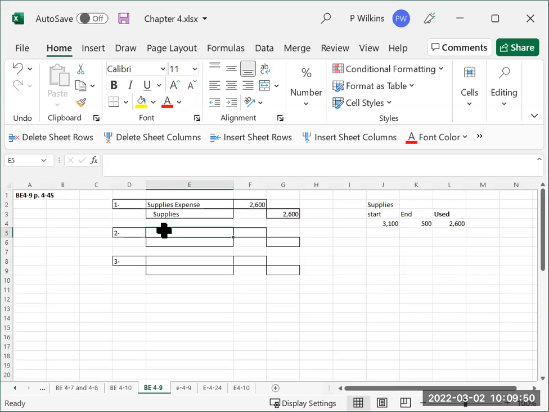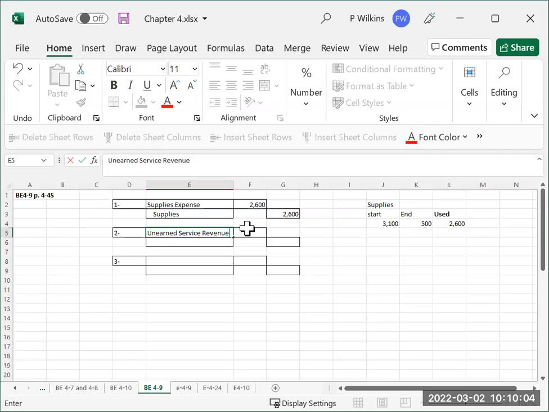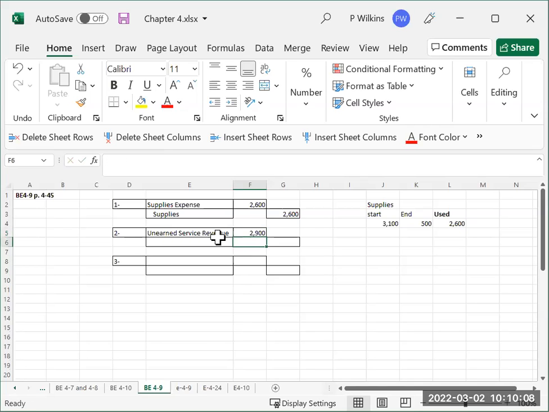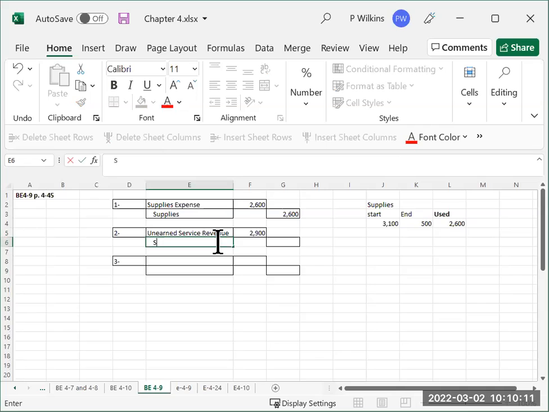So for the unearned revenue, we need to reduce the unearned revenue and increase the revenue. So we are going to debit unearned service revenue, and we're debiting that for the amount that we earned, which was $2,900. And then we're going to be crediting service revenue to make that go up.